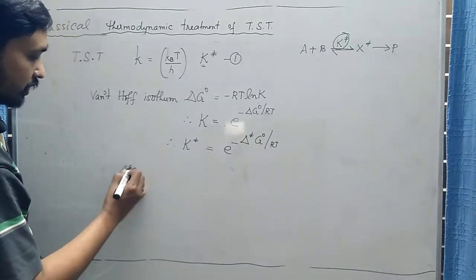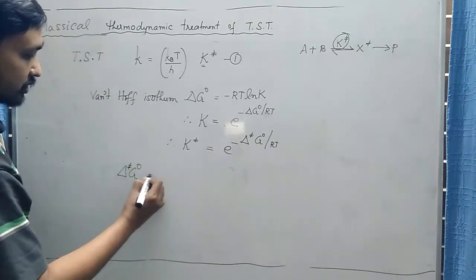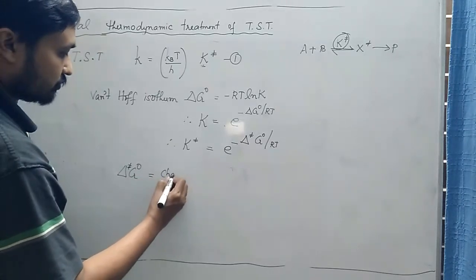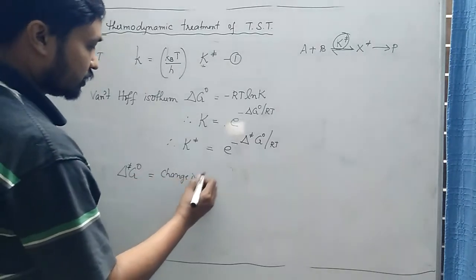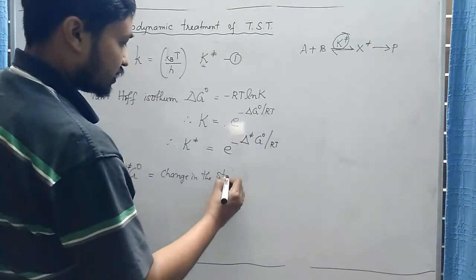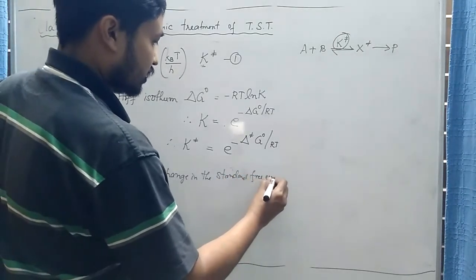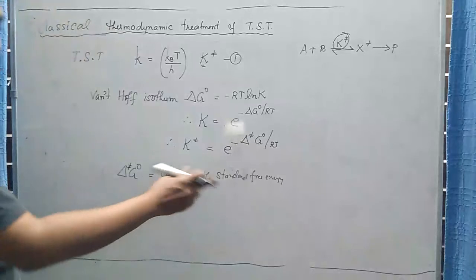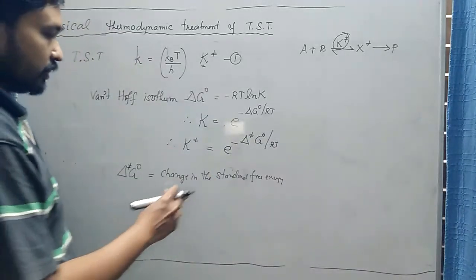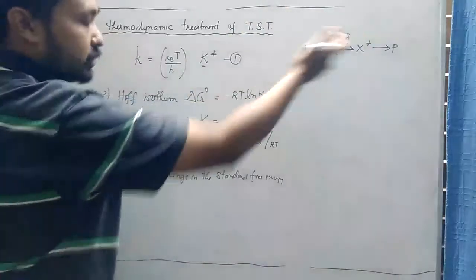What is this symbol? Delta G dagger is nothing but the change in the standard free energy when the reactant is converted to the activated complex.